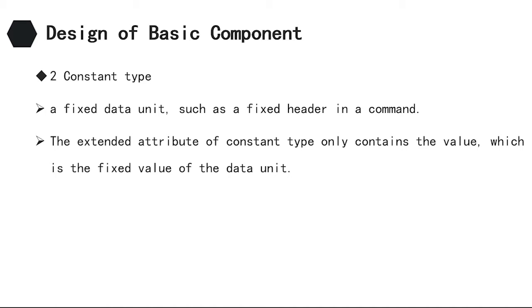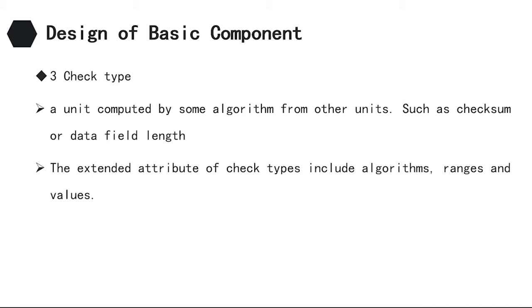Constant type is a fixed data unit, such as a fixed header in a command. The extended attribute of constant type only contains the value, which is the fixed value of the data unit. Check type.